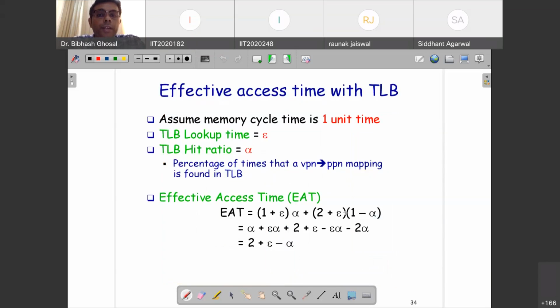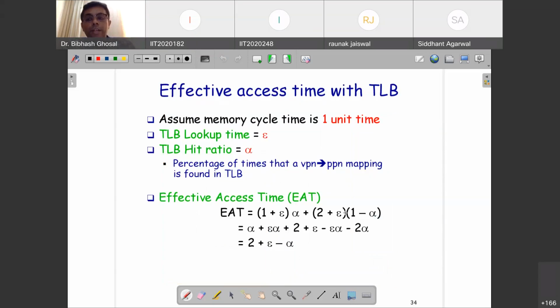Okay, so effective access time with TLB. I am not going into the details of that. It is very similar to the calculation that we have in a general cache. If you are searching the TLB, because it's an associative cache, you have to find out the hit time.